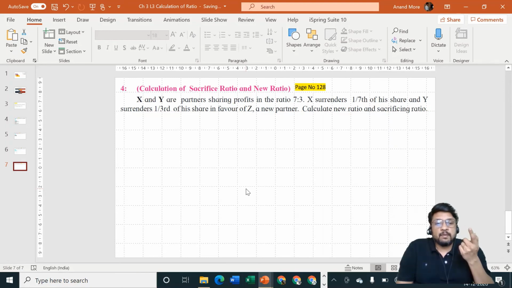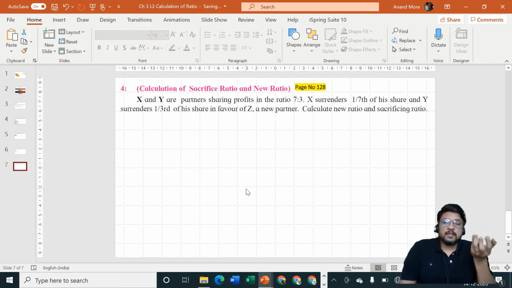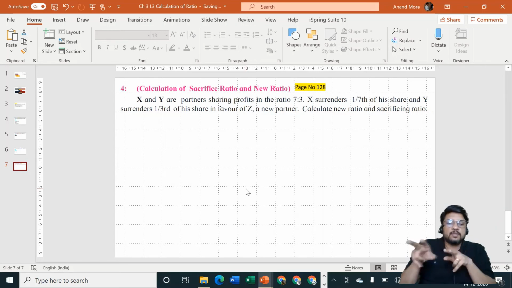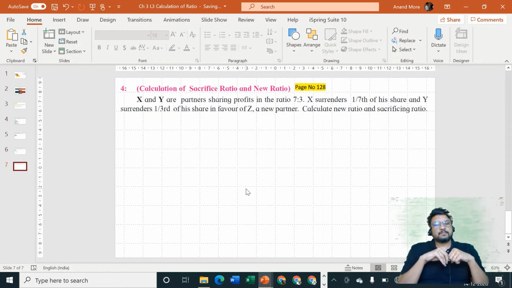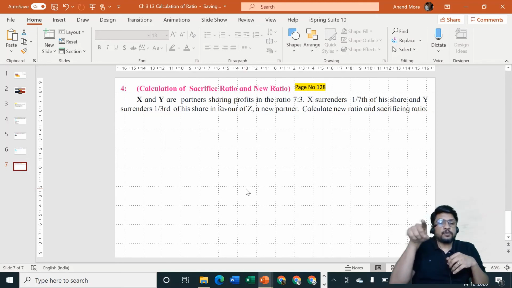In the previous problem it was told that Reena will get 1/5 share. So Reena's share was given, new partner's share was given, and then they had told that it was shared by old partners equally and so on. In this problem they have told how much will be surrendered by X, how much will be surrendered by Y, but they have not told what is the ratio agreed for Z. In the first question it was agreed that it will be 1/4 share.